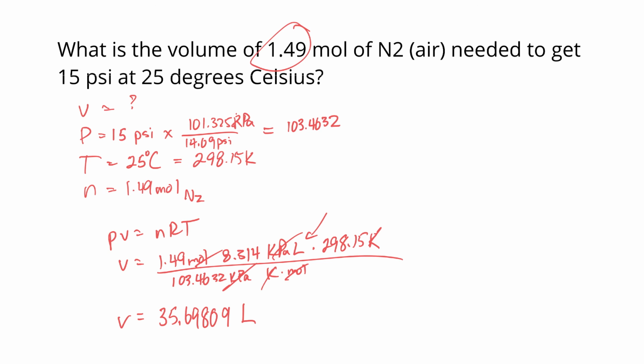Sig figs, I got 3 there, 2 and 2, so I got to go to 2. So that'll be an even 36 liters. So that would be the volume of 1.49 moles of nitrogen gas needed to get 15 psi at 25 degrees Celsius. Okay, hopefully that helps you with those questions.